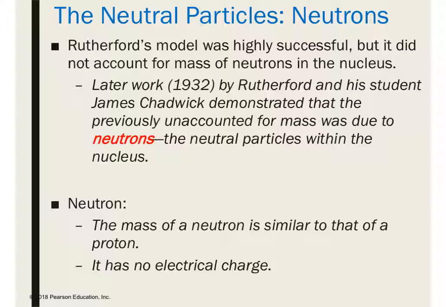And then just real quickly, they did know approximately what the mass of an atom was, and the protons alone did not account for the entire mass of the atom. So there was a missing piece of mass, which they knew was in the nucleus, and that ultimately was called the neutron and discovered by Chadwick.